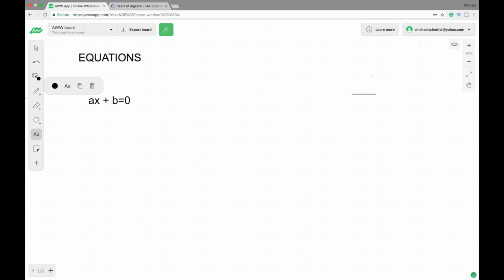That means that a, a certain component of a certain variable x, plus a number b is equal to 0, right? Where x is the only variable, x is the variable that we're interested in, right? We always try to find x.